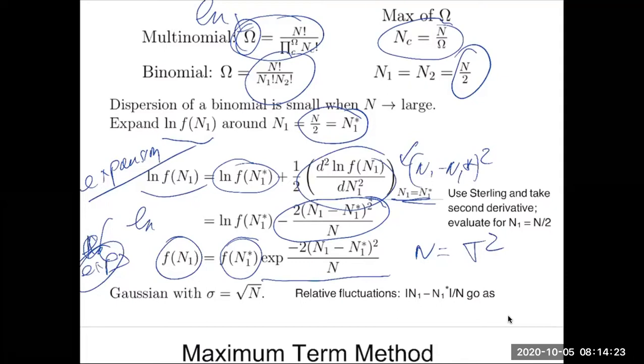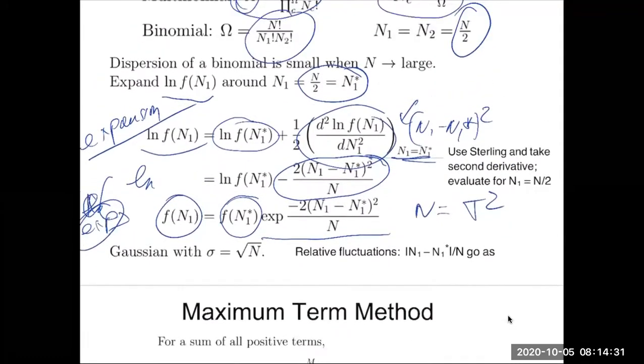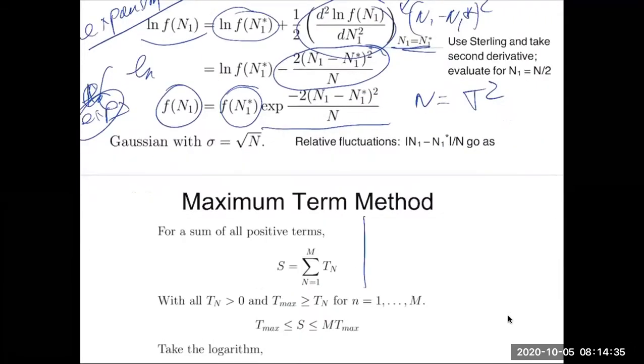There's some interesting thing you can see about this, and maybe I can go to a new page because it's going to be hard to squeeze it on here. Actually, let me try to write it here and I'll erase it later. So if you're interested in relative fluctuations, like, what is the deviation of n1 minus n1 star normalized to n?